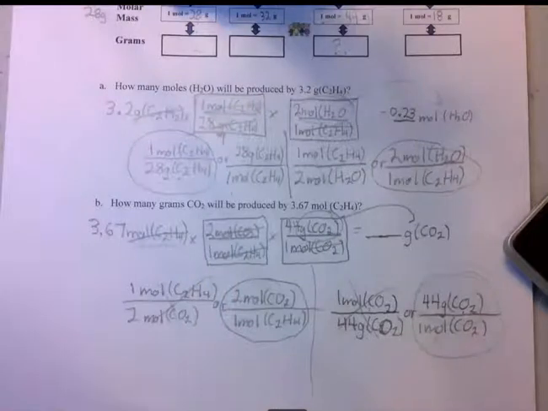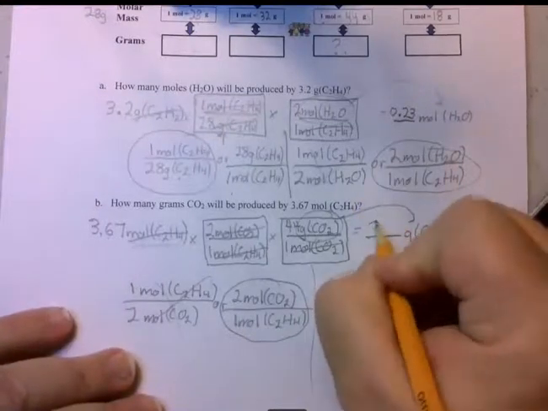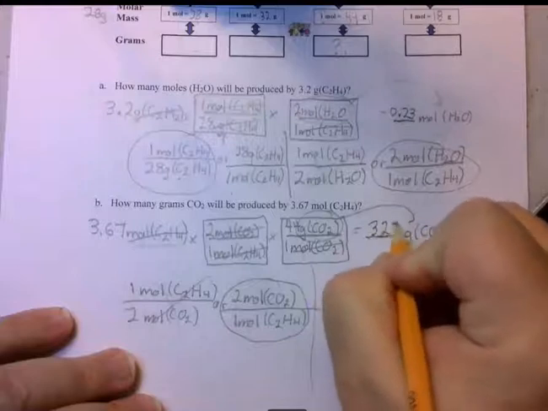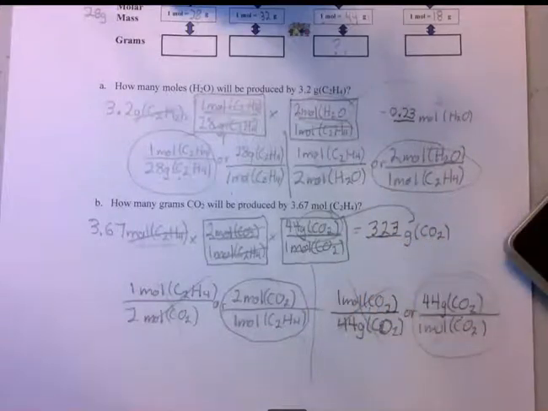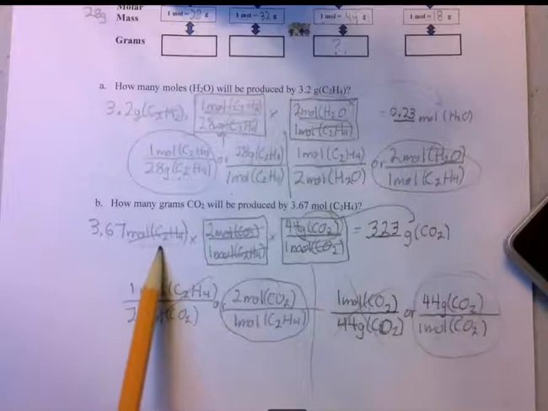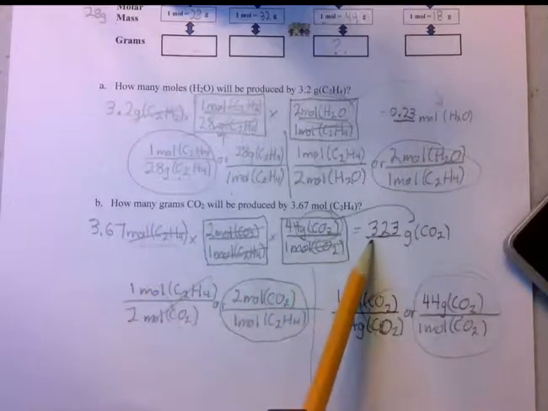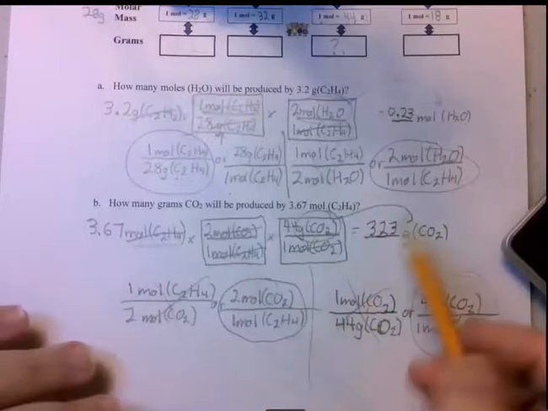Okay? And that will give you your final answer. And that's 320, we'll call it 323 is close enough. Rounds up. Okay, so it's saying that 3.67 moles of C2H4 will produce 323 grams of CO2. All right, and that's your answer.